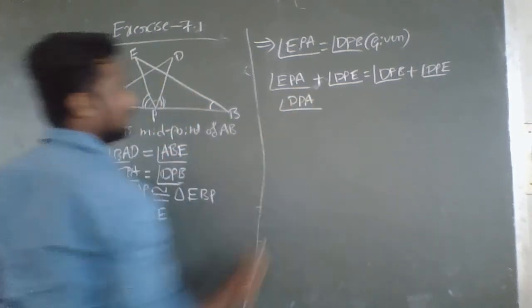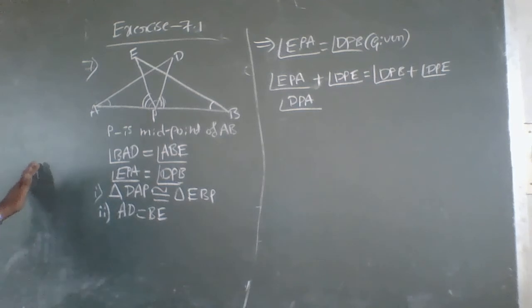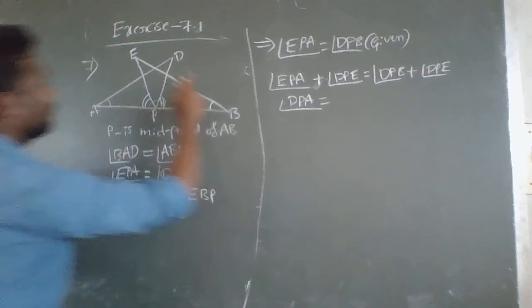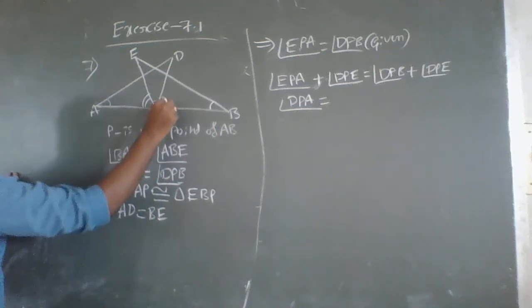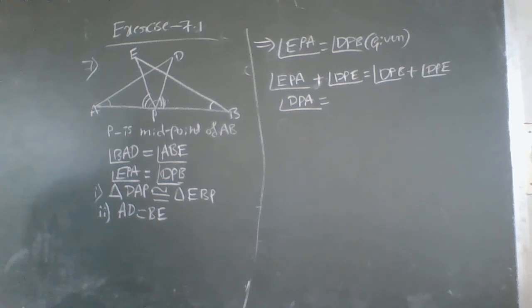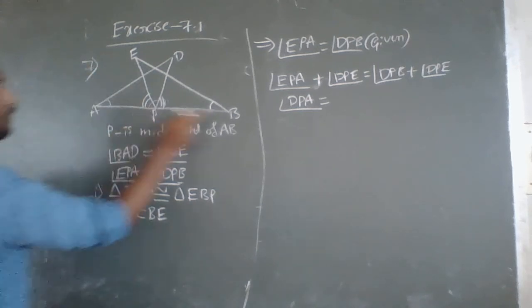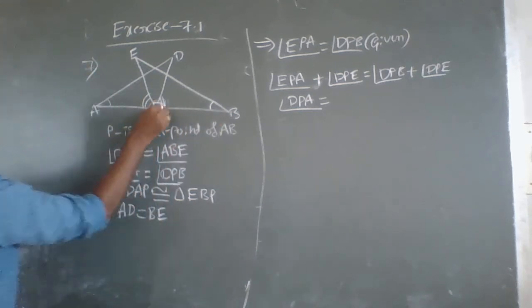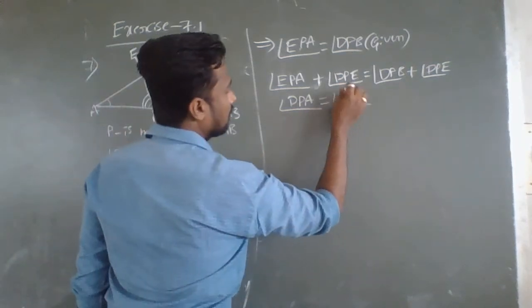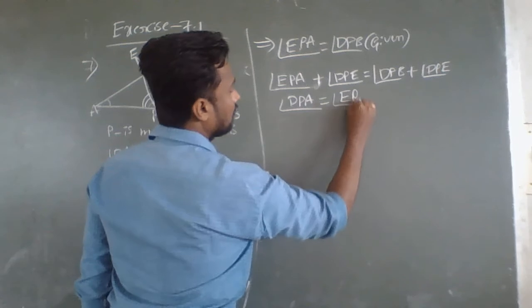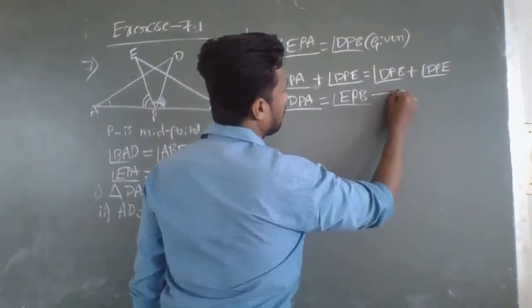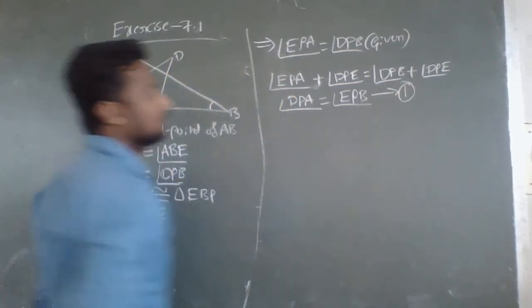And here angle DPB plus angle DPE, what will I get? Angle DPB plus angle DPE means this complete angle, angle EPB. So I will consider this as 1.